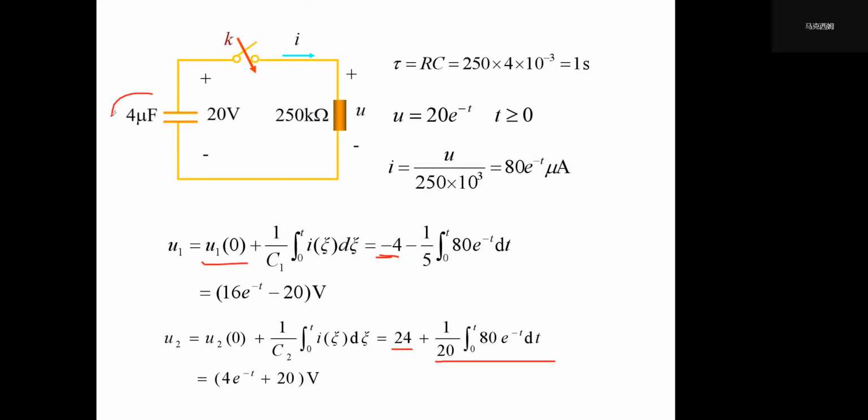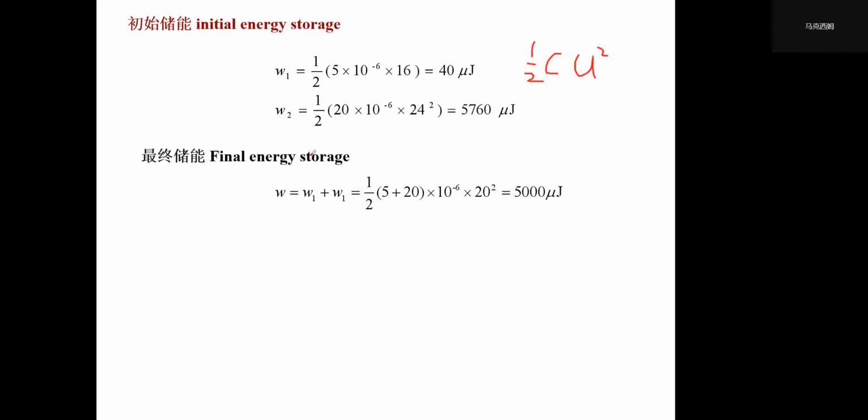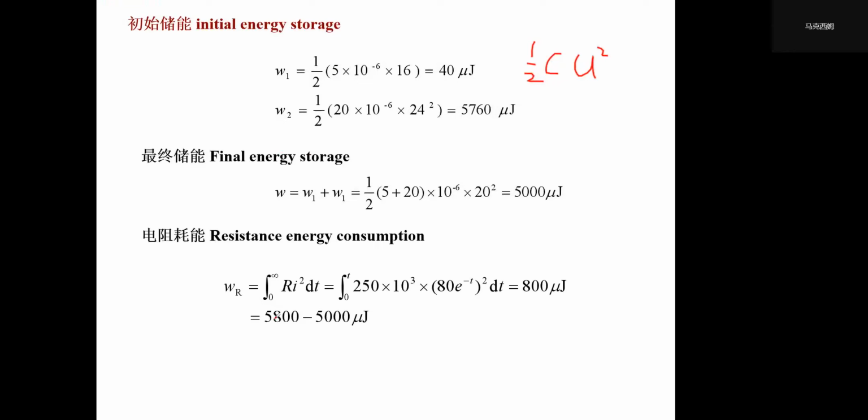But honestly, if we would like to calculate the energy, the energy could not be calculated like this. So we see energy has a different expression. Anyway, it doesn't matter.